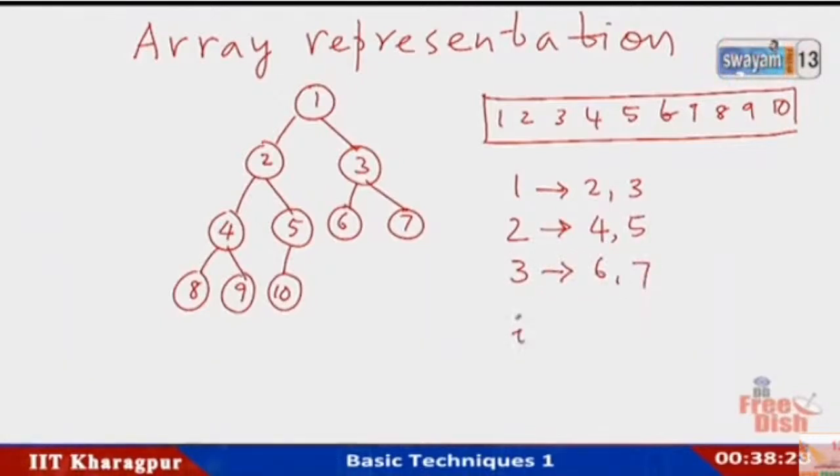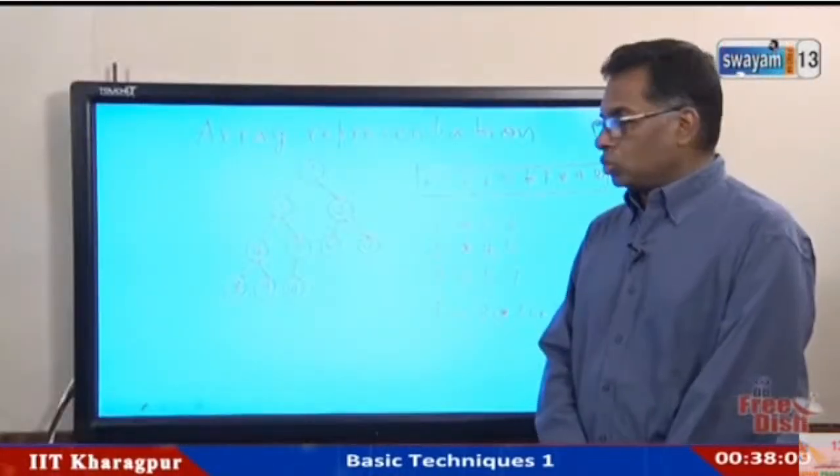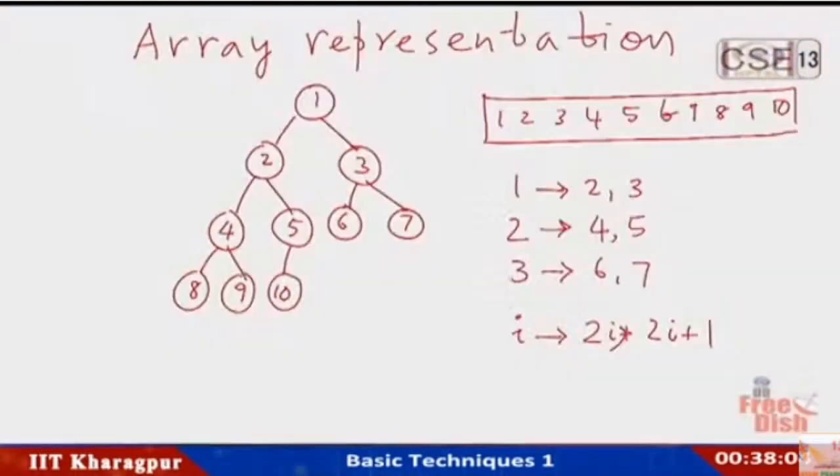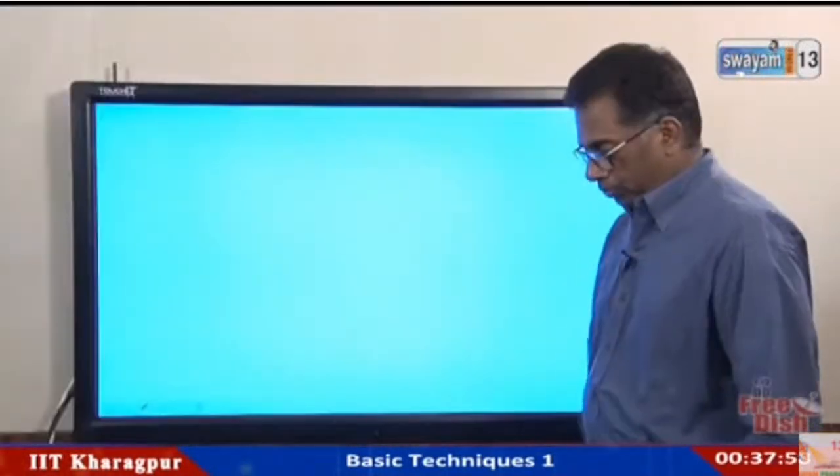In general, for node i, the children are 2i and 2i plus 1. The left child of node i is 2i and the right child of node i is 2i plus 1. So this is the array representation of a binary tree. So given an input, we can assume that there is an array representation on top of that input.